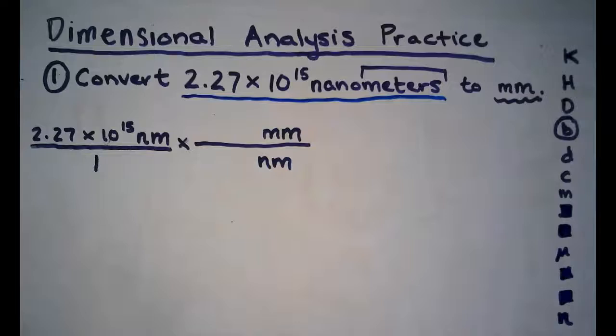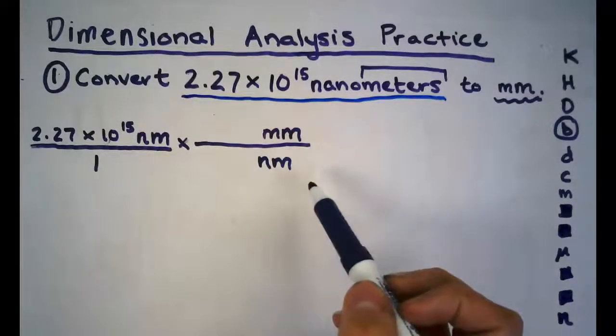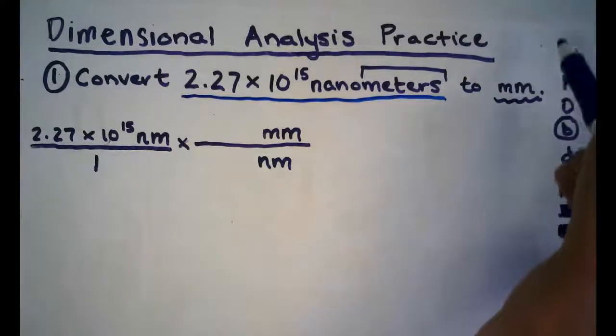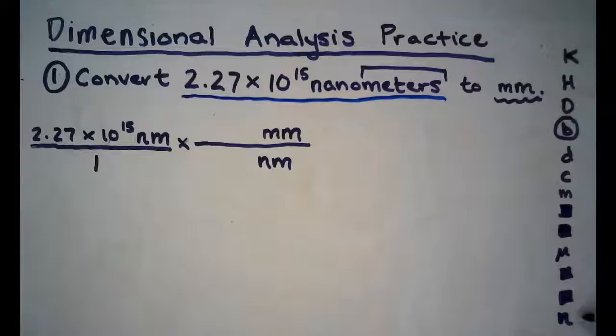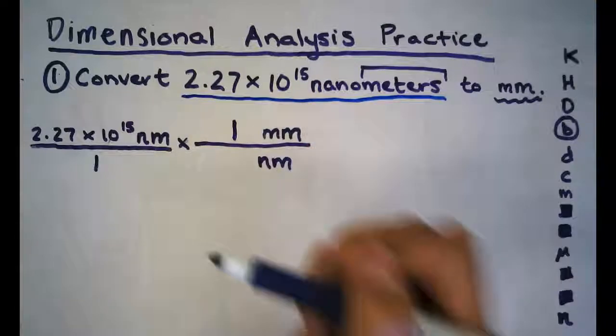So, first I need to determine which of these 2 units is the bigger one. And the bigger unit is going to be the one that is further up my metric chart over here. So nano's all the way here at the bottom, and then milli is right here. So my bigger unit would be millimeters. So I'm going to put a 1 next to millimeters.